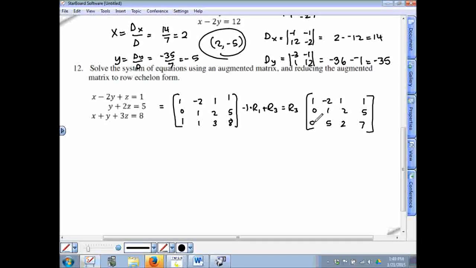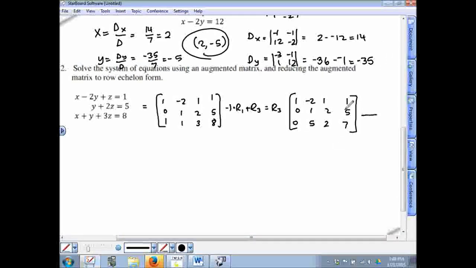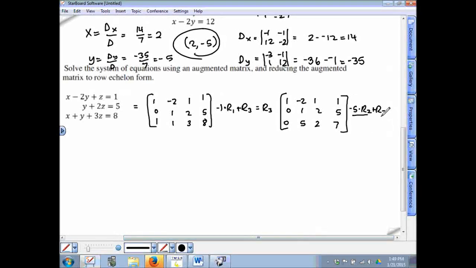So we have 1, 0, 0. This should be a 1, which it already is. That means that should be a 0. So the next row operation would be to multiply row 2 by negative 5 and add that to row 3. That's going to equal row 3. Because we want to get a 0 right here.